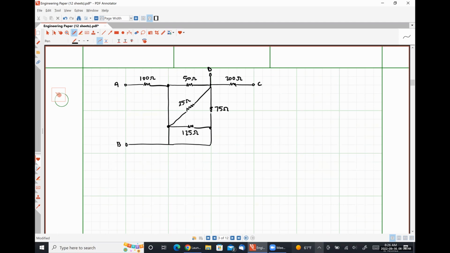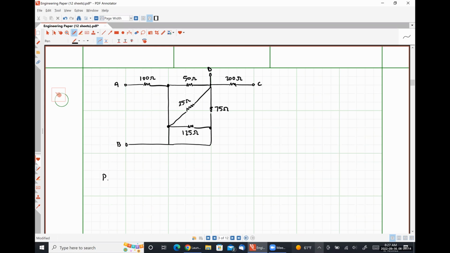And many of which do not fall into either of the 2 simple boxes. So what we're going to try to do is reduce this network down into a single equivalent resistance by combining resistors, okay?